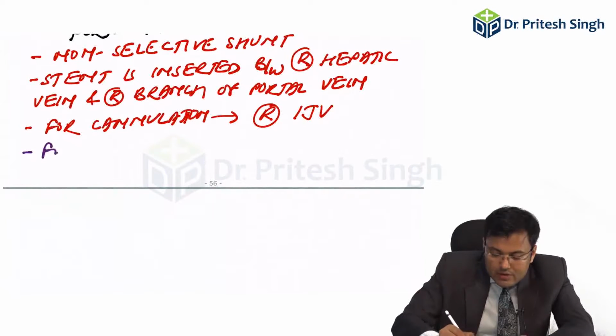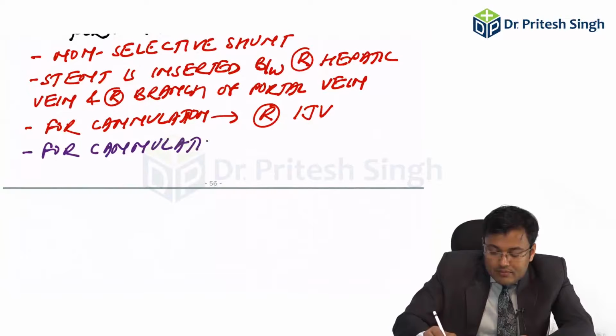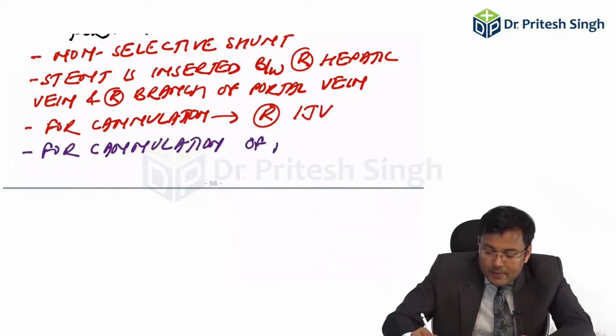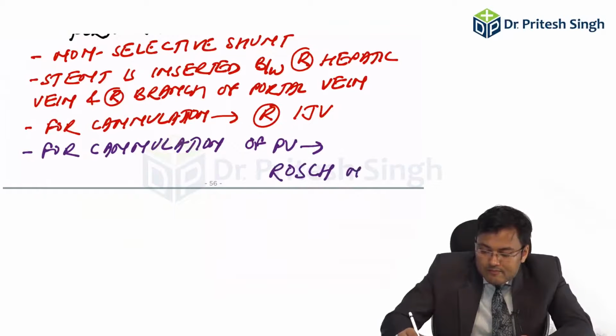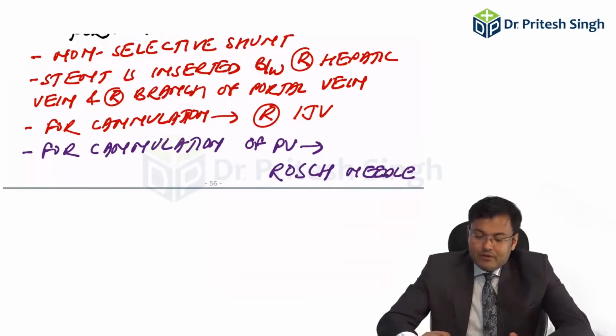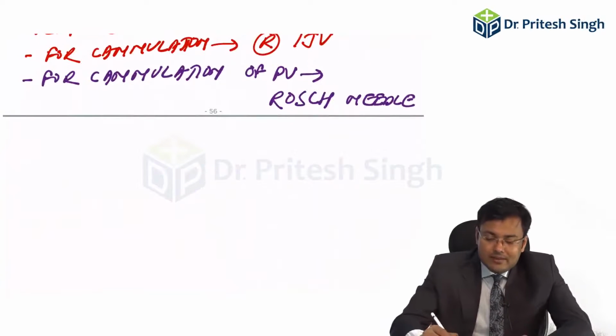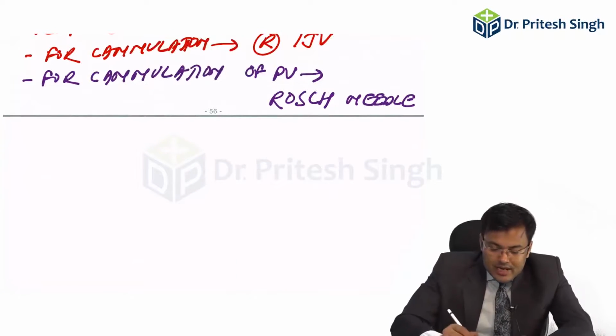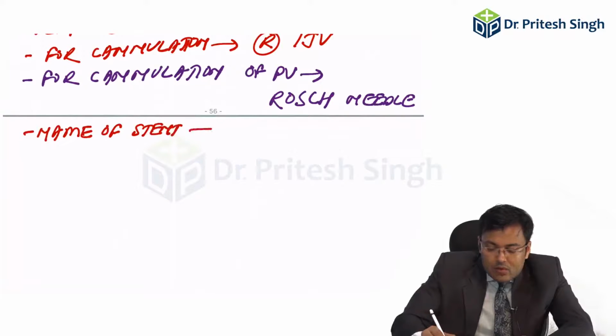For cannulation of portal vein, Roche needle is used. For cannulation of portal vein, name of stent is Viator.